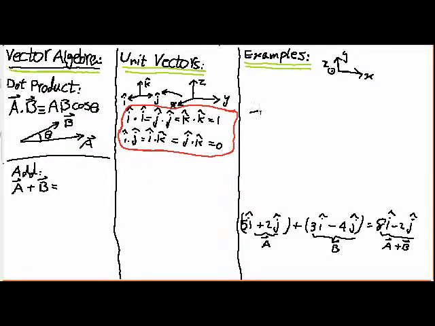So I say this is my I hat, 2 I hat, 3 I hat, 4 I hat, and 5 I hat. So I have 5 I hat and 2 j hats. And then this is the resulting one.